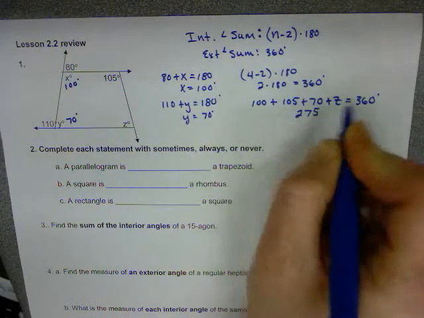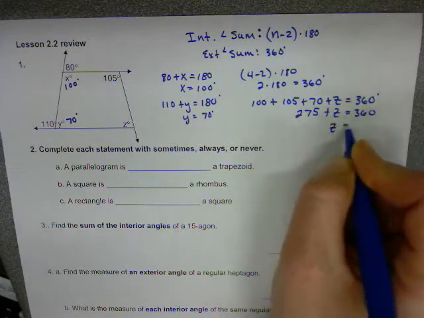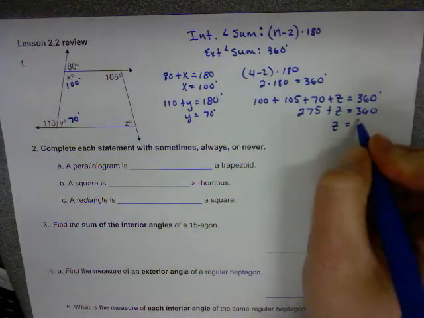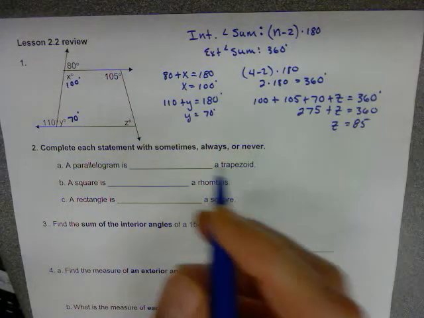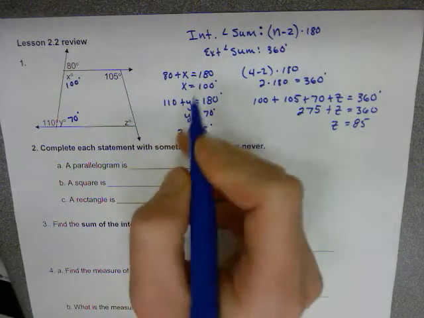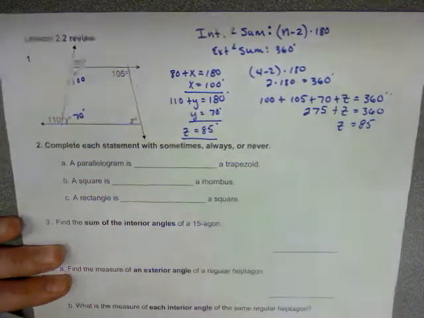So 275 plus z is equal to 360. And you can subtract 275 from 360, and we get 85. So z is 85 degrees. So here's our answer for x, y, and z.